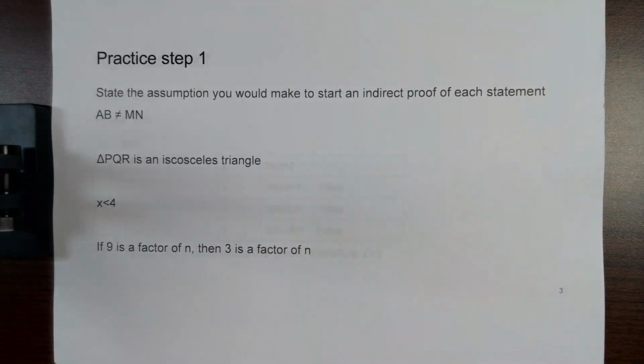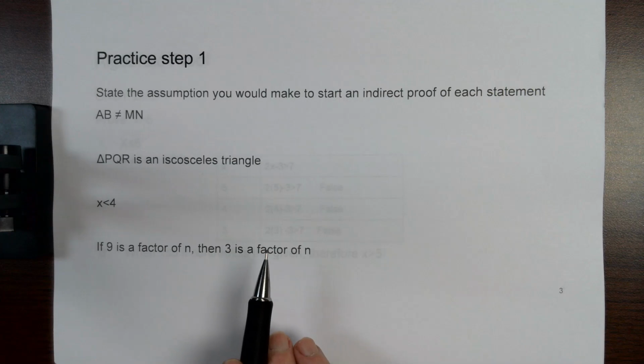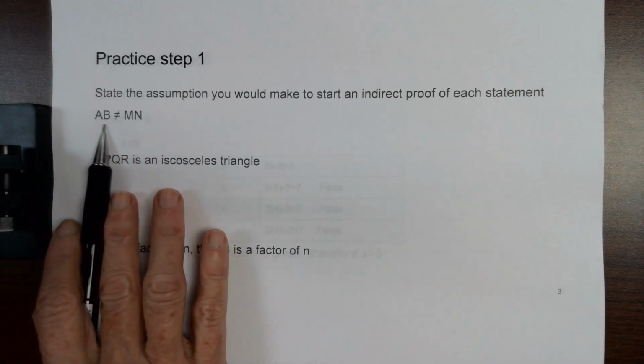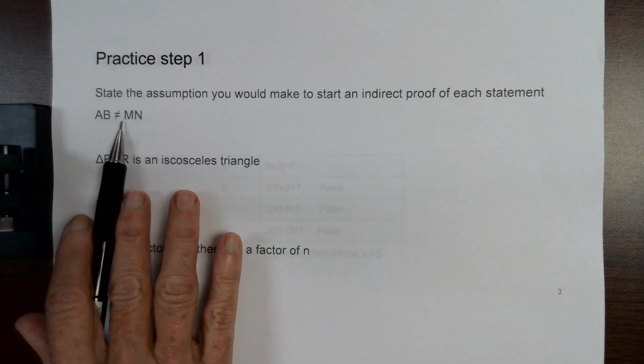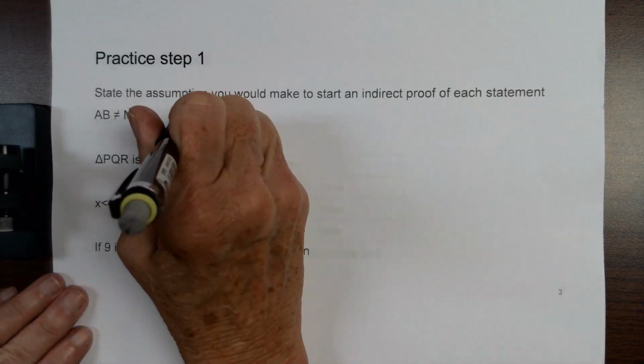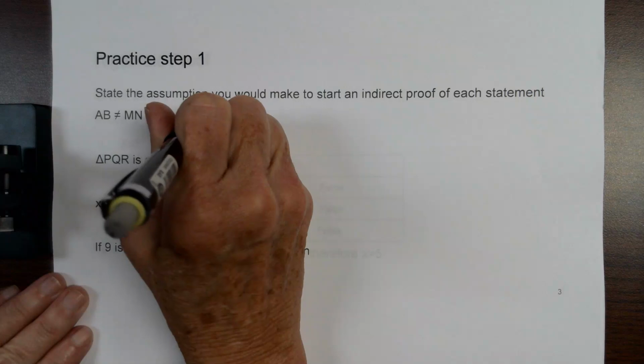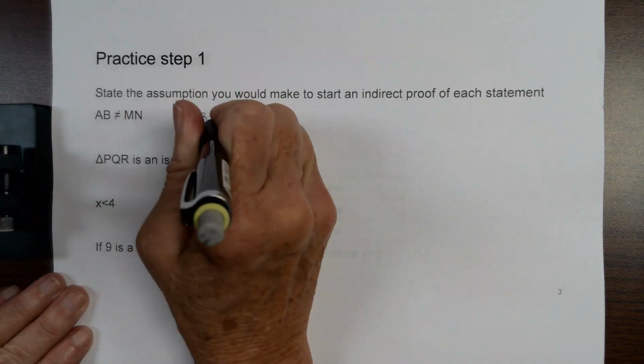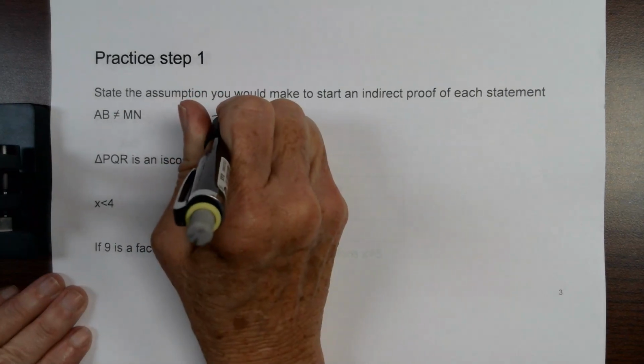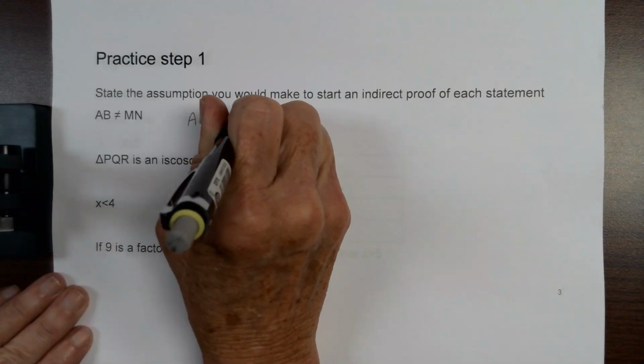So the first thing we're going to do is practice step 1. You're going to state the assumption that you would make to start an indirect proof for each statement. If they say AB is not congruent to MN, then you're going to say AB is equal to MN.